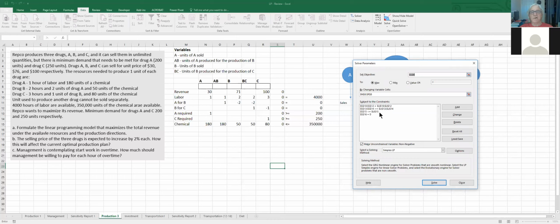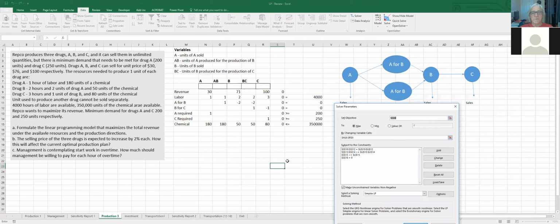The objective function, let's see where I put it. Okay, the objective function is this one. And it's a maximization of revenue. And N8 to R8 goes from N8 all the way to R8. These are my variables. And then the constraints.